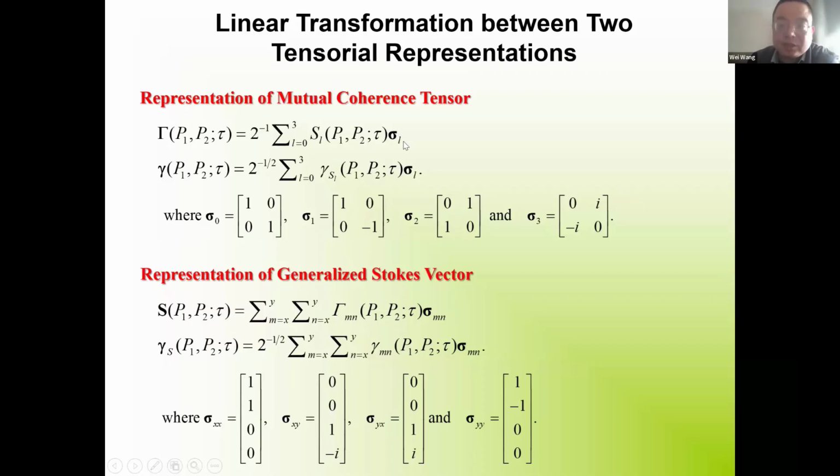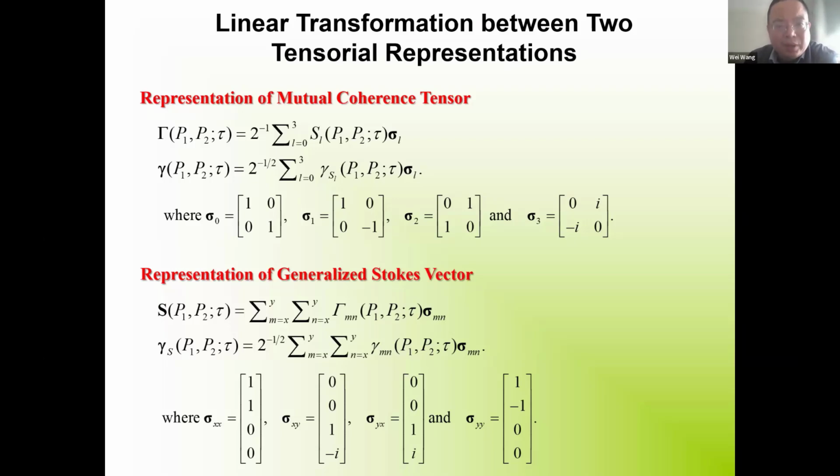Here sigma naught is the identity matrix, and sigma S1, S2, and S3 are the Pauli spin matrices. This is the well-known representation. This is one way to give the link between the mutual coherence tensor and the generalized Stokes vector.